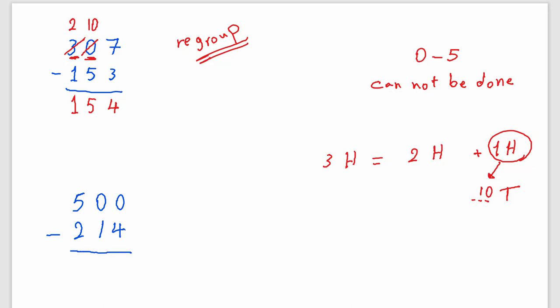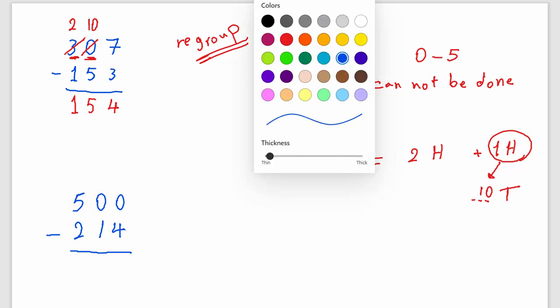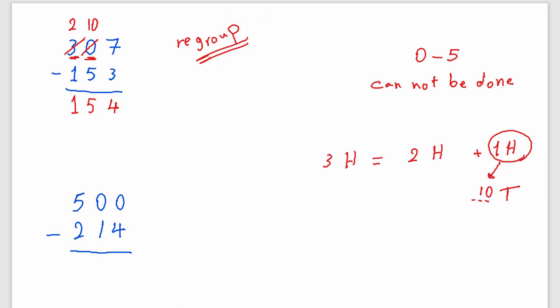So, now my heroes, we need also to start with the ones. Every time we start with the ones. And as you can see here, the ones, it's 0 minus 4. But 0 is less than 4. So we need to regroup.